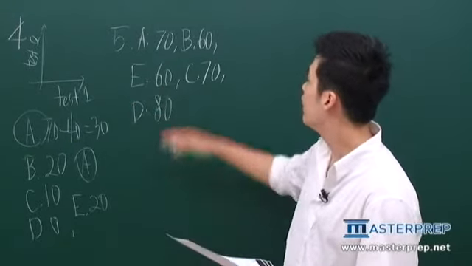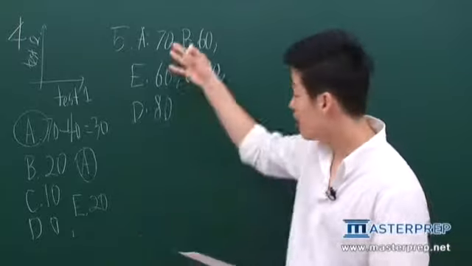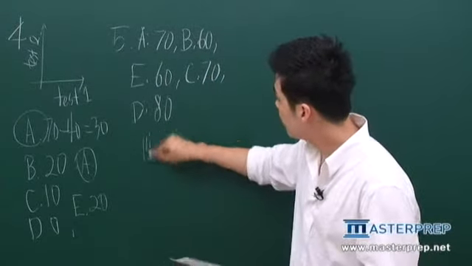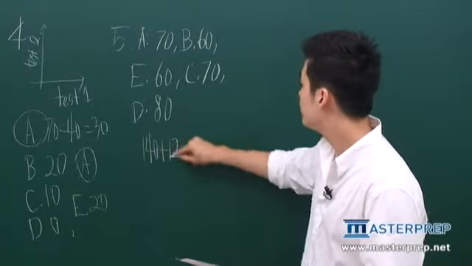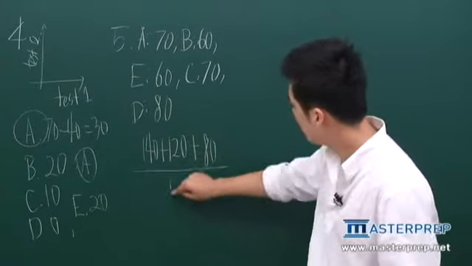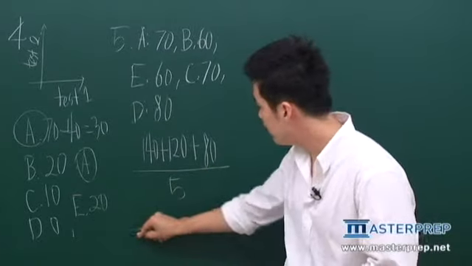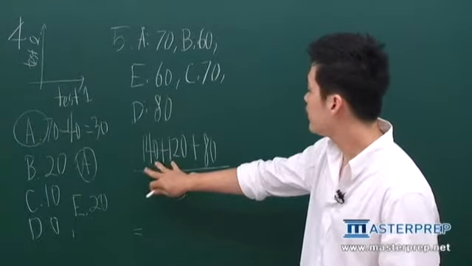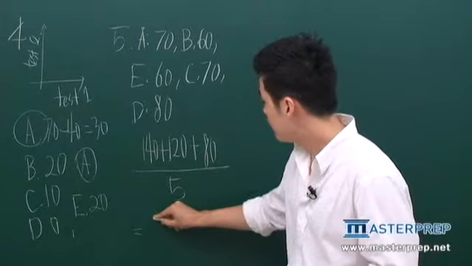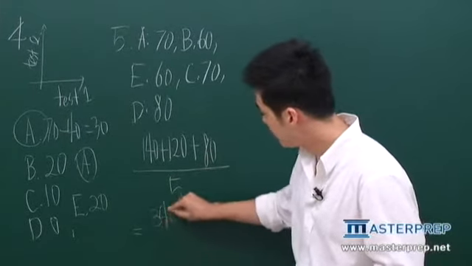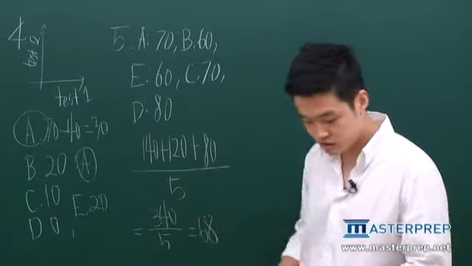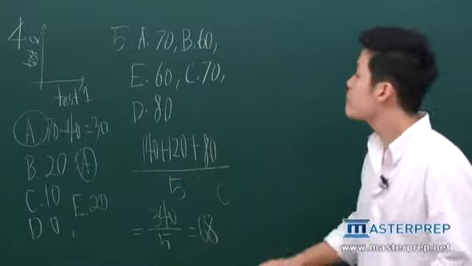Adding the elements and dividing by the number of elements: 140 plus 120 plus 80, which is 340, over 5, which is equal to 68. So the answer is C.